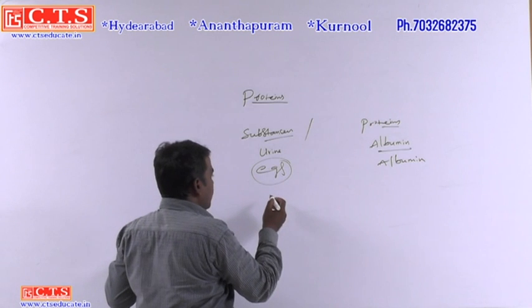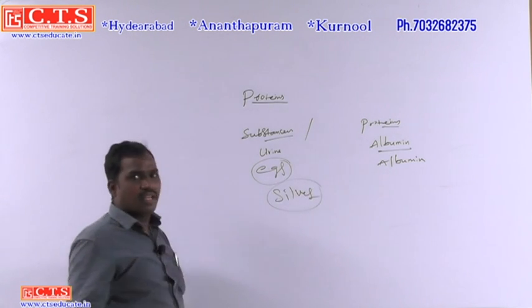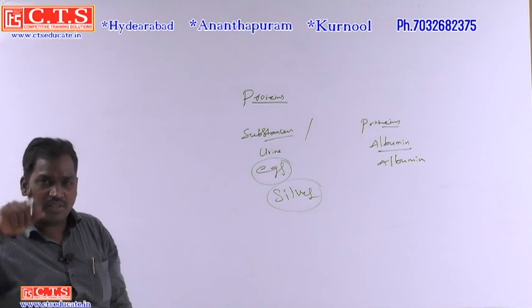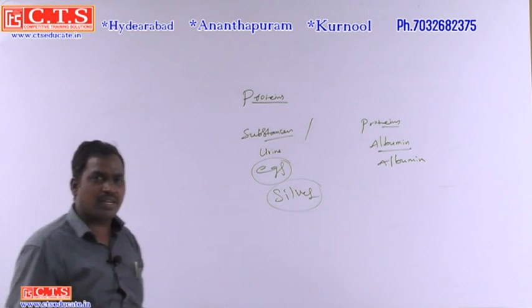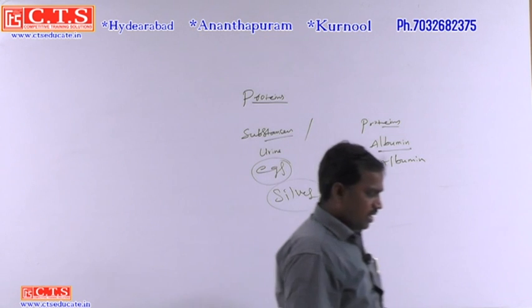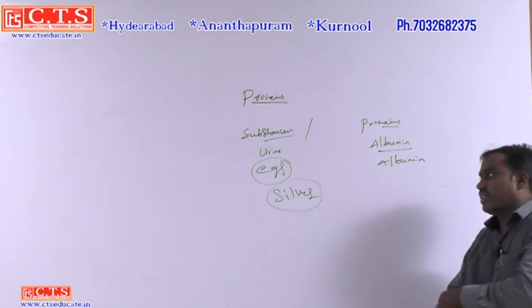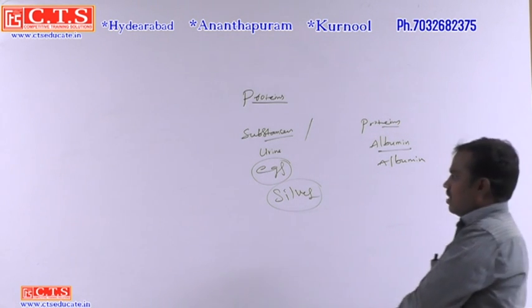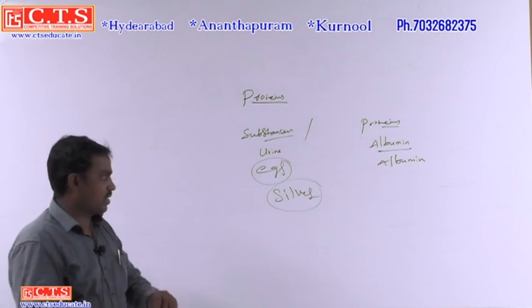Note: egg revolution is called silver revolution. Egg shell is made up of calcium carbonate. Yes or no? Egg protein is called albumin.